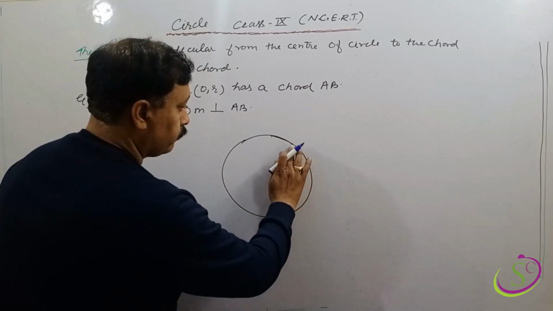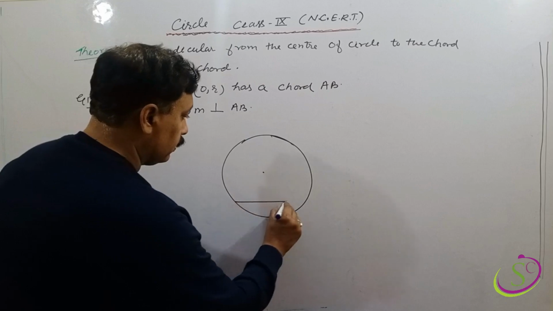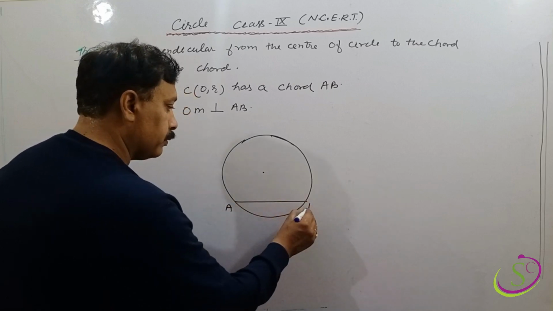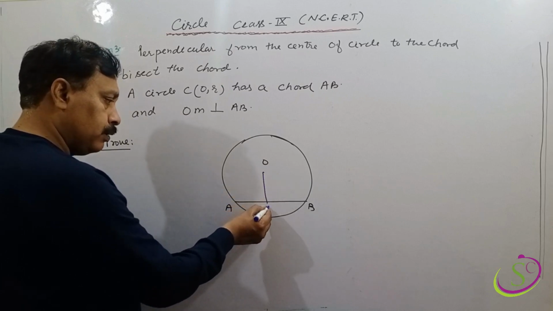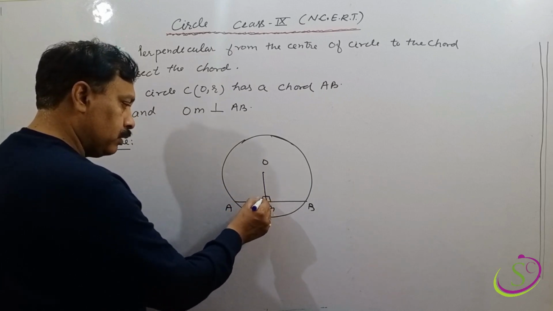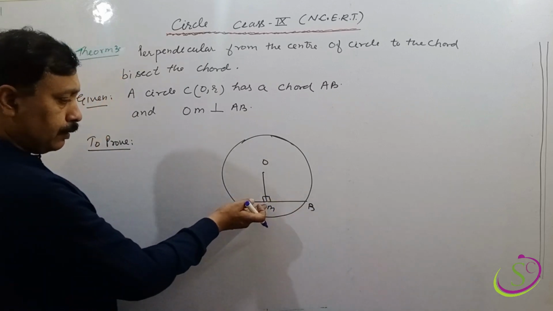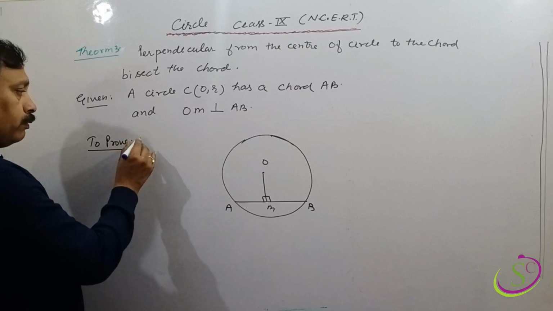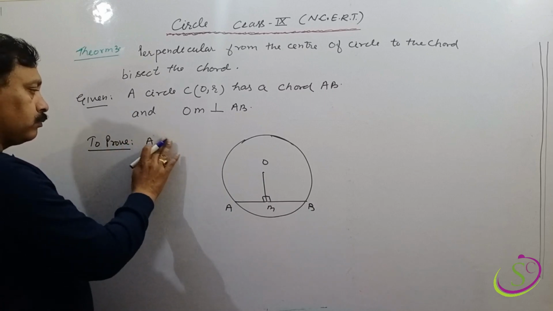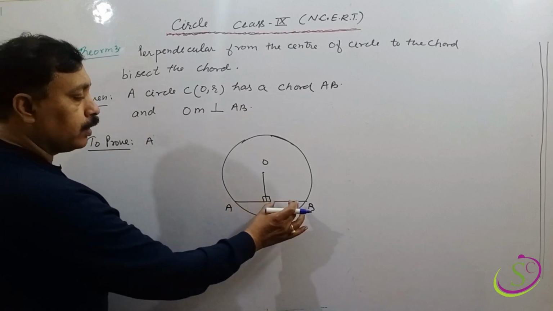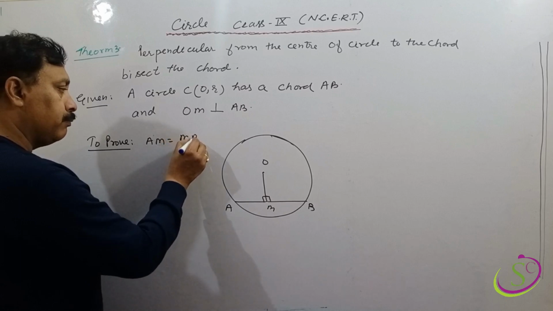Yes, that is the center. This AB is the chord. Clear? And O is the center, and OM is the perpendicular to this chord. It divides this chord at point M, to prove that this portion of the chord AM equals this portion, means AM equal to MB.